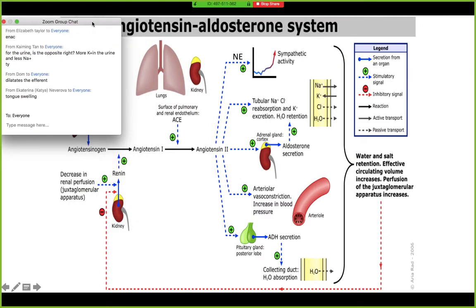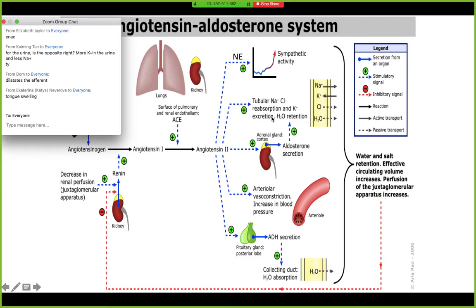Okay, so I just included this slide out of his lecture because I think it's important to realize exactly what all angiotensin 2 is doing. So it's affecting a lot of different places in the body. If you have an increase in angiotensin 2, you're increasing the norepinephrine release and the activation of the sympathetic nervous system.